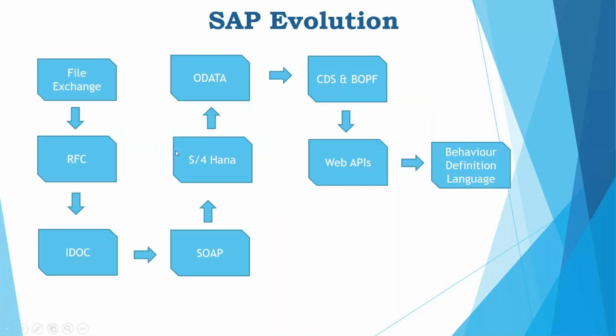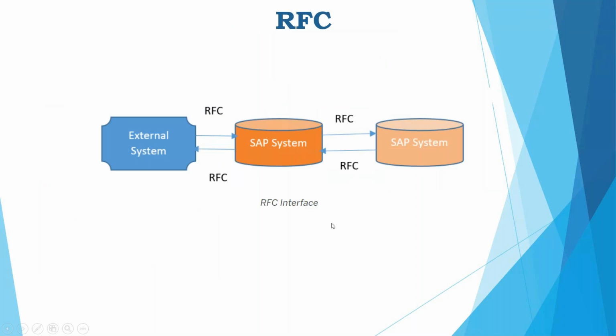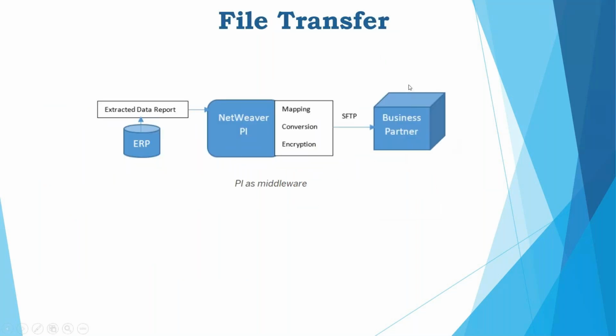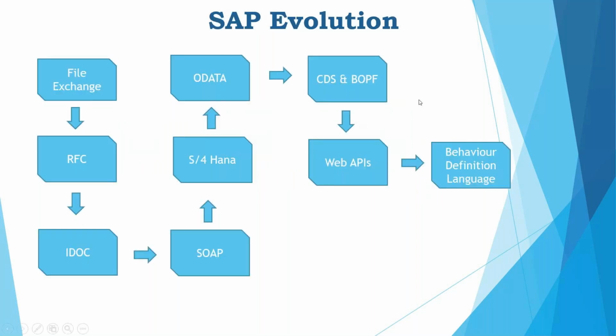Okay, next is called IDoc. Yes, everyone knows about IDoc. Most of the people have also worked on IDoc. It is an intermediate document where we are able to transfer the data from one SAP system to another SAP system, and we have an EDI concept where we are able to transfer the data from one system to non-ERP systems.